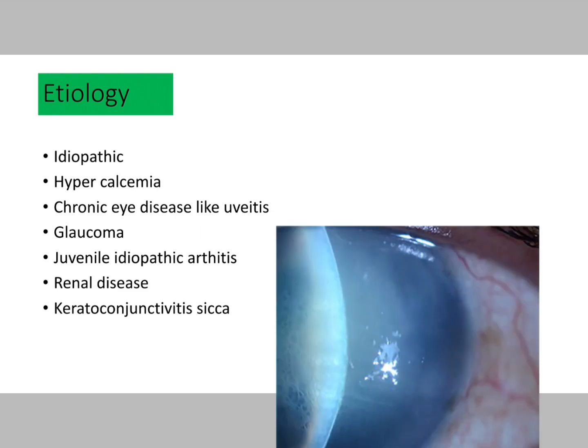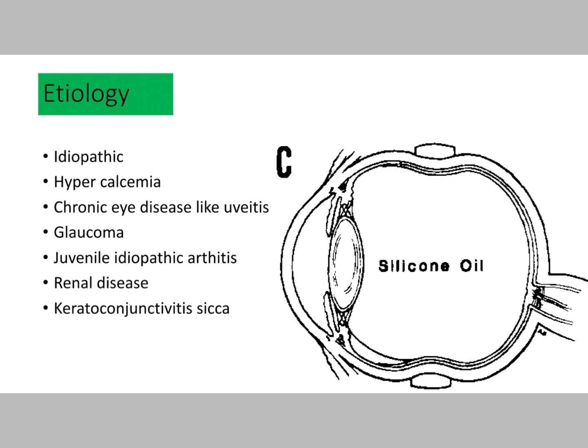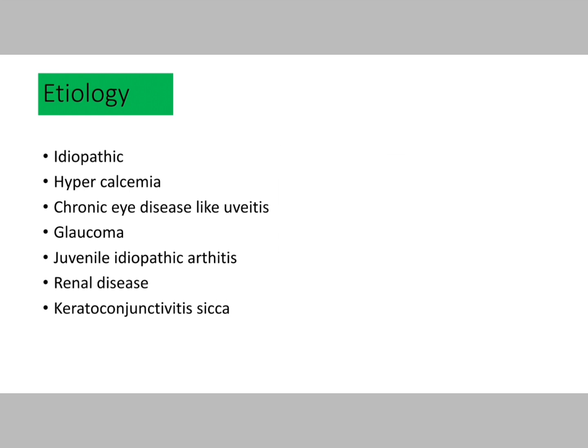Endothelium damage due to corneal edema can also lead to it. Patients who underwent VR surgery, that is vitreoretinal surgery, where silicone oil insertion was done and the eye was left aphakic for a long period of time, can also develop band-shaped keratopathy. End-stage glaucoma or neurotropic keratitis can also lead to it.